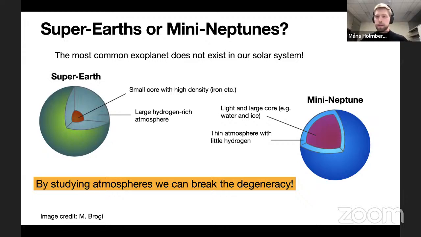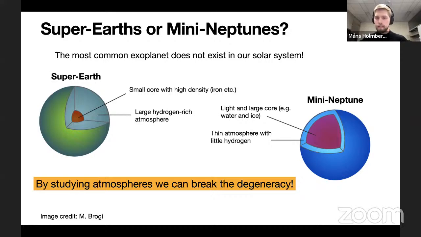But we can break this degeneracy by looking at their atmospheres, trying to find out their compositions and more about their formation history. So a super Earth could, for example, have a small core with high density iron, like some of our core on Earth, with a large hydrogen inflated atmosphere.